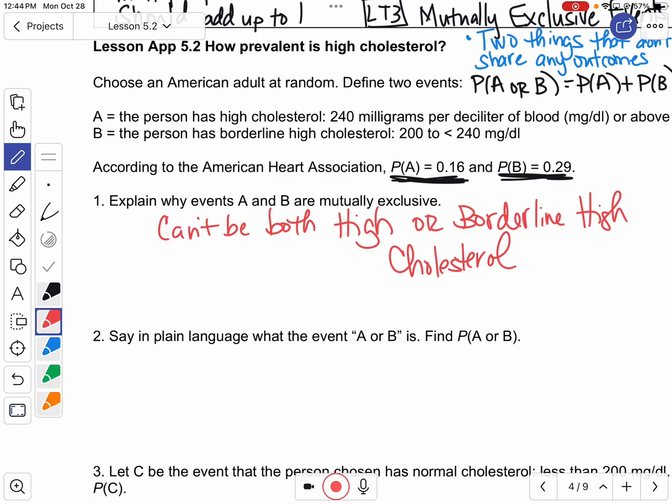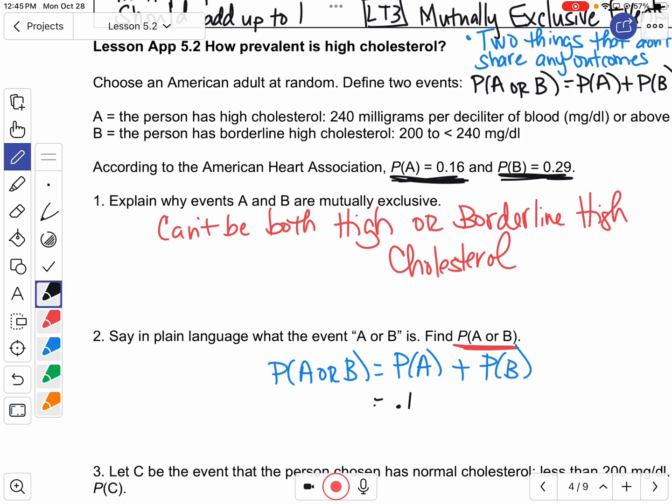Because I can either be one or the other, to get the combination of both, or the probability of both, what are we going to do? We add them together. Okay? Probability of A plus probability of B. And the good news is they gave me those probabilities. I didn't have to find them. All right?